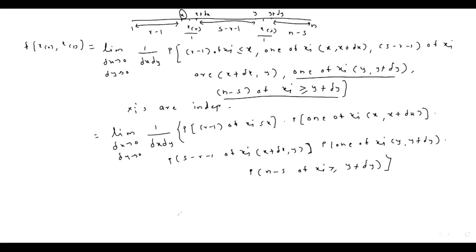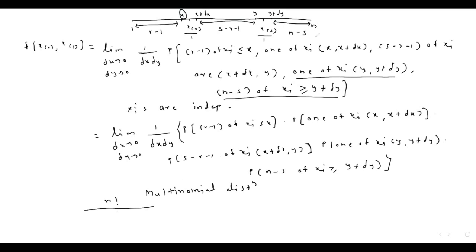Fine. Now we can use the multinomial distribution to write the probability of this. So what did the multinomial distribution tell us? Since I have a total number of observations, there are n observations, isn't it? So n factorial, in the numerator, and the factorials of the counts in each region in the denominator.